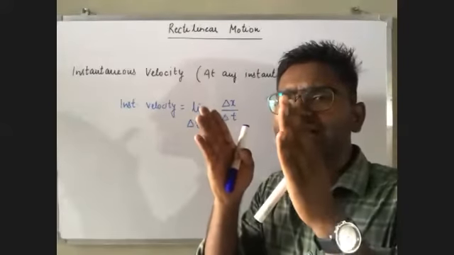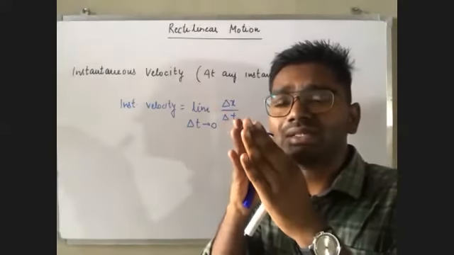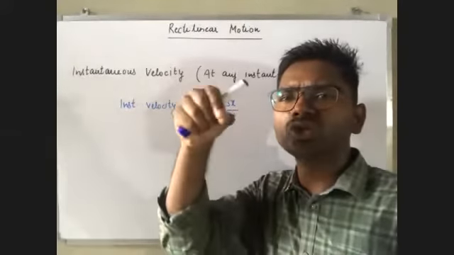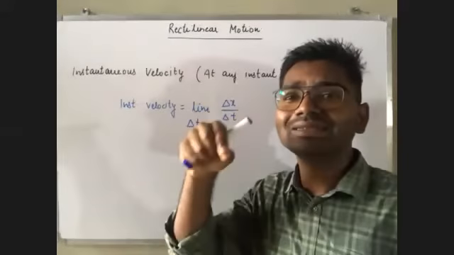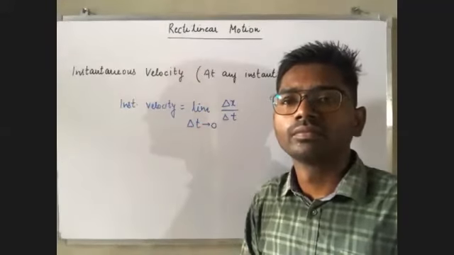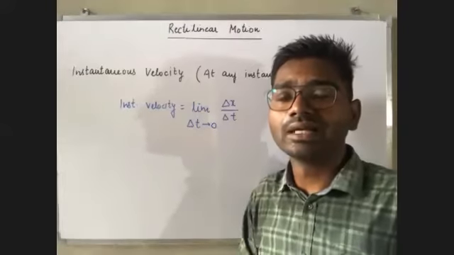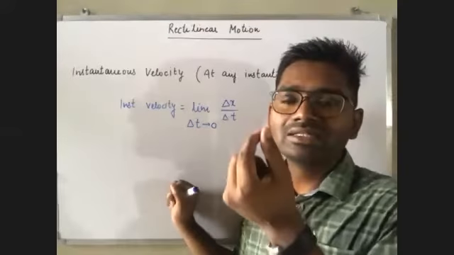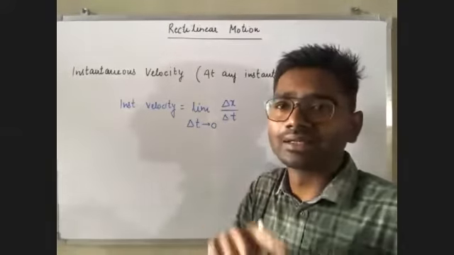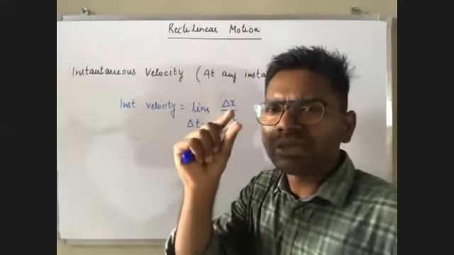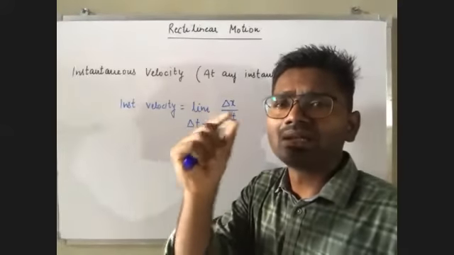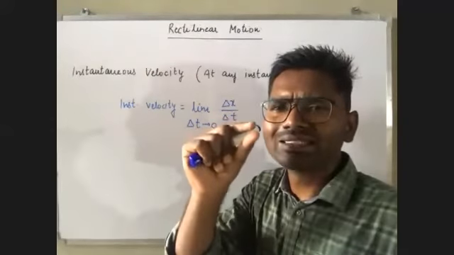If the time interval is nearby 0, meaning very small, can I say that it becomes a moment or instant? Is it clear? If the time interval is very small, the particle will travel a very small distance.